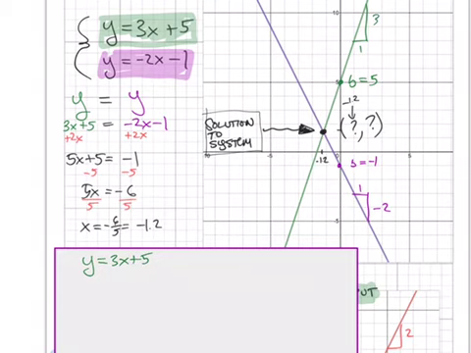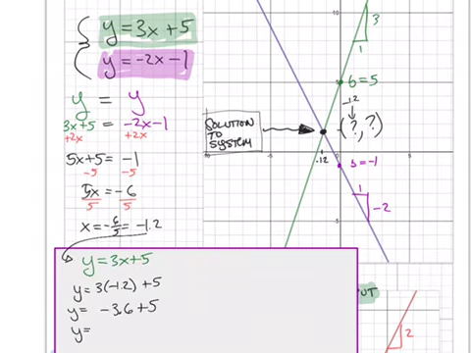I know my x value is negative 1.2, and so I'm going to replace the variable x with the number negative 1.2. And in that way, by doing these calculations, I end up figuring out the value 1.4 for y, okay?